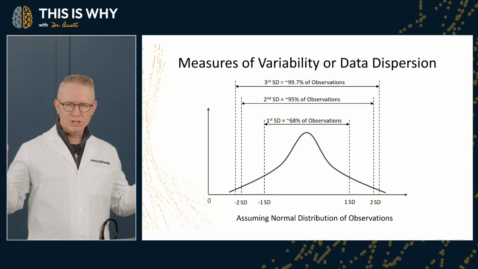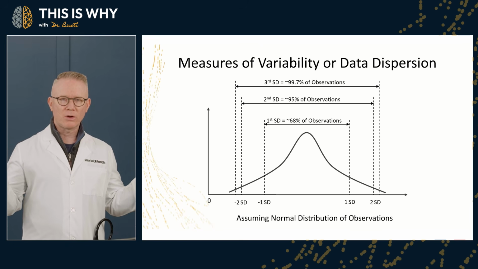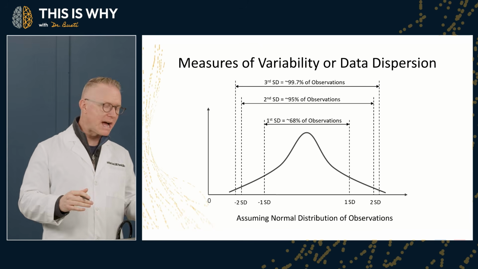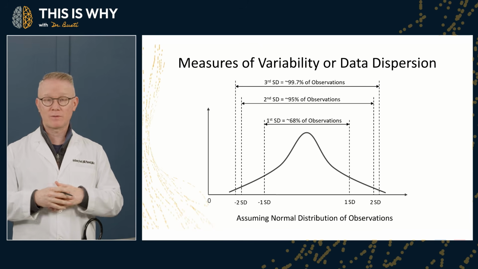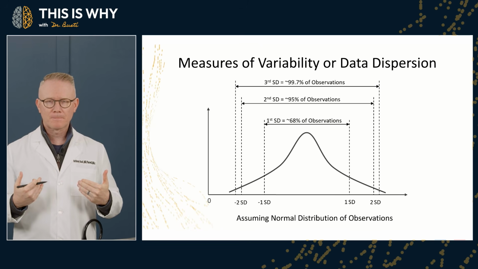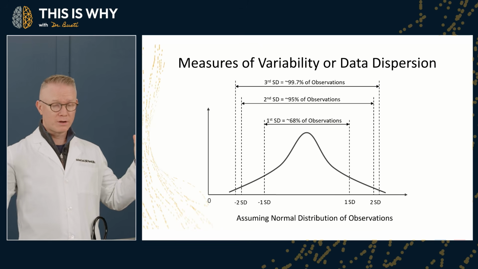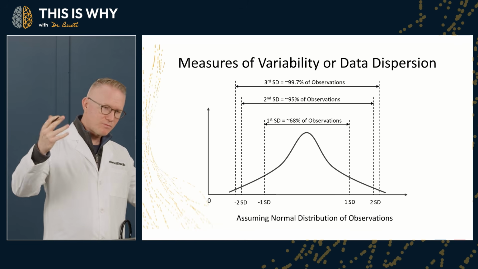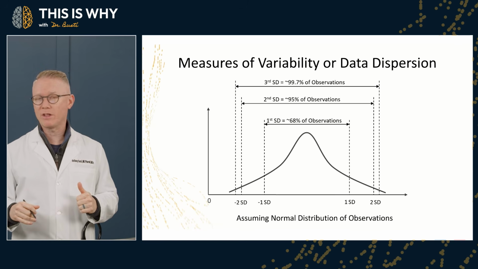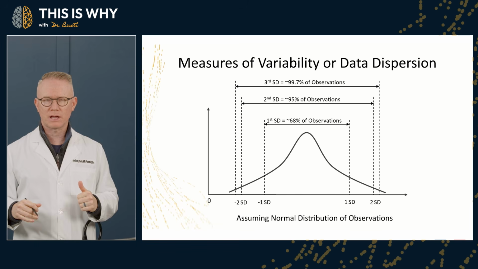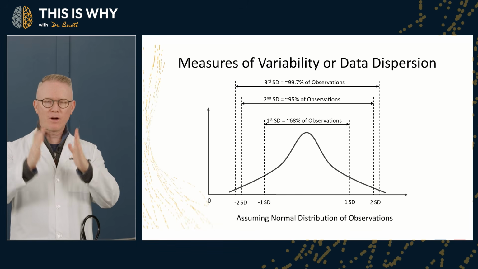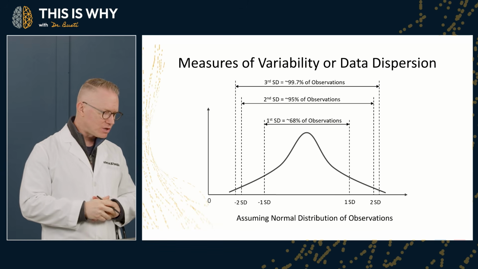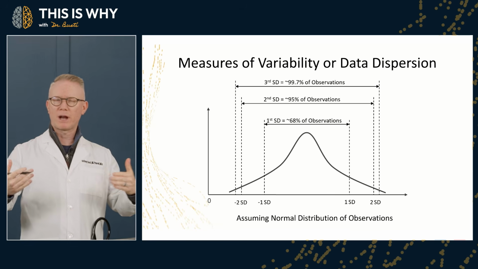When you go to 2 standard deviations out, now you're representing 95% of the observations that were collected. Okay? A third level of standard deviation goes to 99.7% of the overall observations. So where does your data fall, and how many standard deviations are you willing to embrace, right?